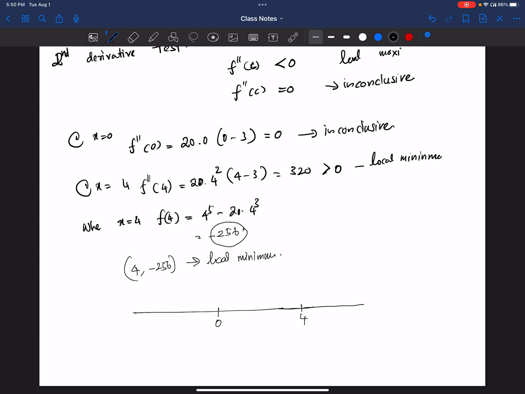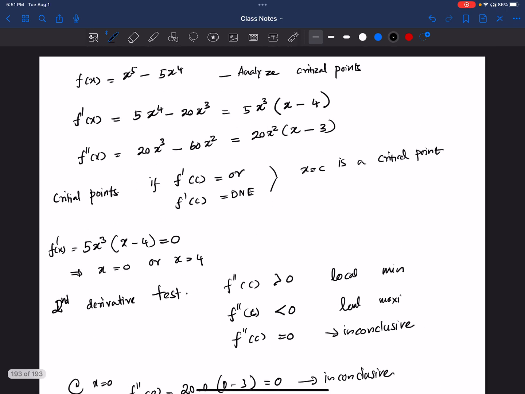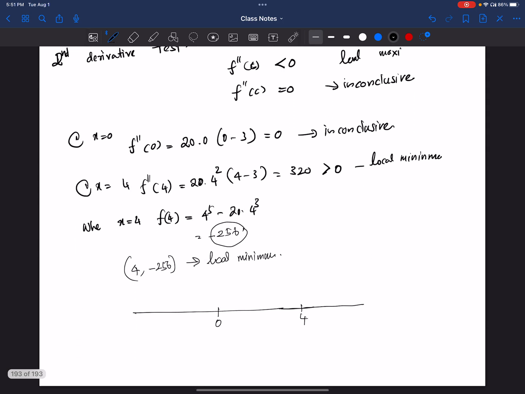And let's look at the sign of f prime of x. We can find f prime of x, which is 5x cubed times (x minus 4). If you put a value between 0 and negative infinity, let's put negative 1, this is negative, and this is also negative.